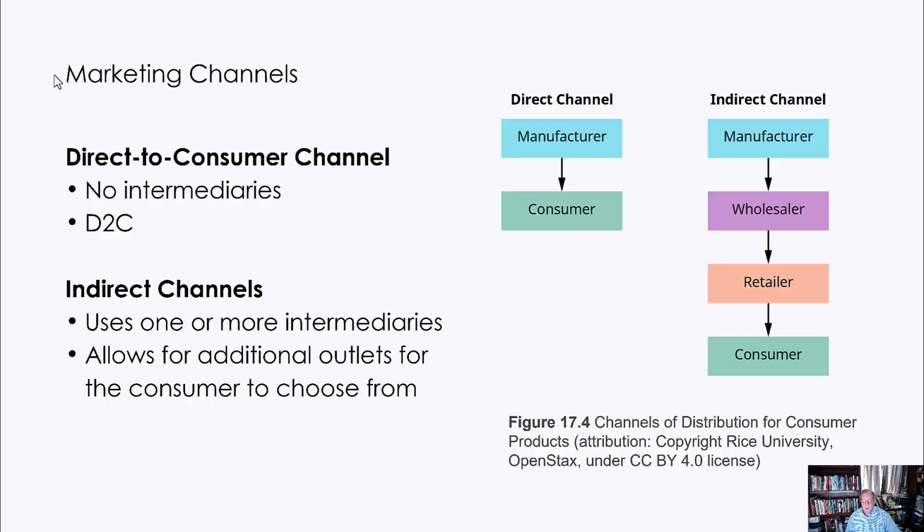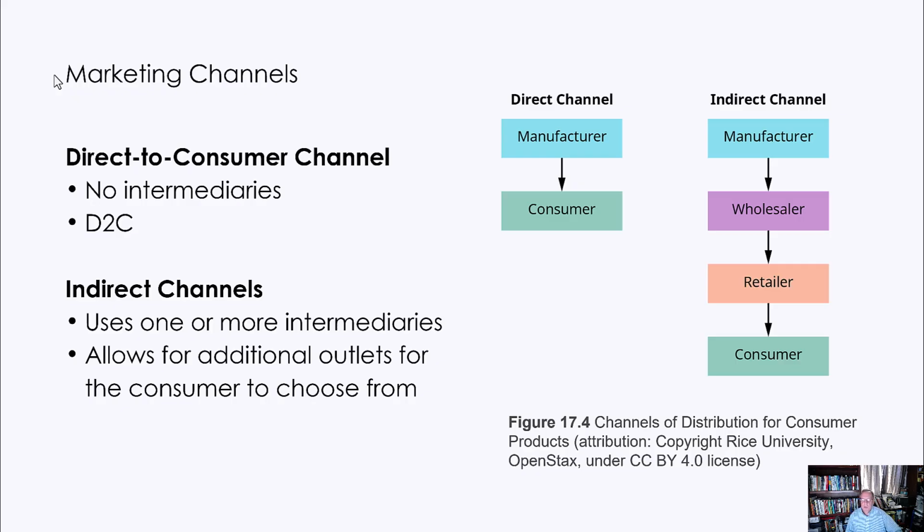And so are those whole bunches of departments and staff that we have to build up if we're going to go direct to consumer? So some companies may just decide, you know what, it's not worth it to me to build up a direct to consumer channel.